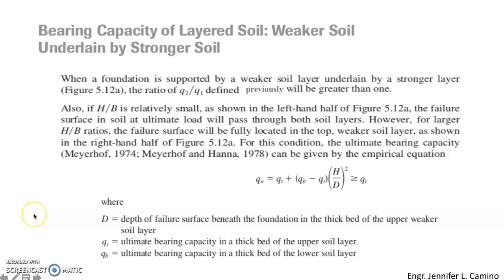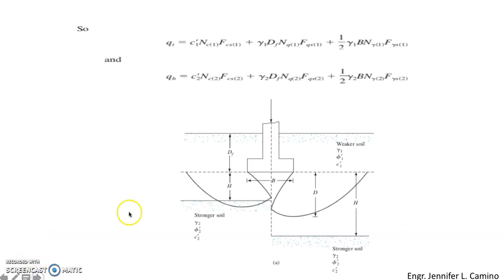So for this one, if our ratio of H over B is relatively small, as shown here on the figure, meaning to say the failure zone will be located on the weaker soil, and it will be seen also on the stronger soil.